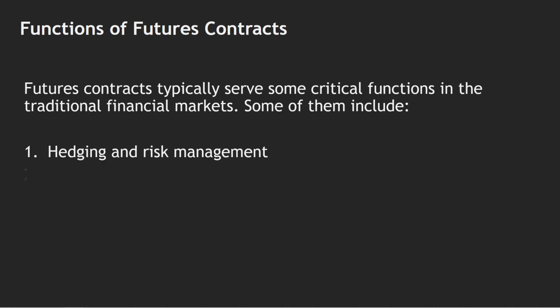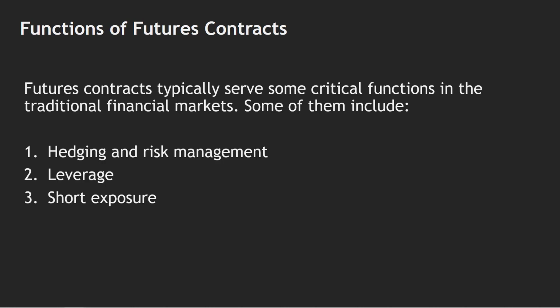Another function, leverage. Futures contracts allow investors and traders to open leverage positions. As contracts are settled at the expiration date, investors are able to leverage their position. For example, a 10-to-1 leverage allows traders to enter into a position 10 times larger than their trading account balance.